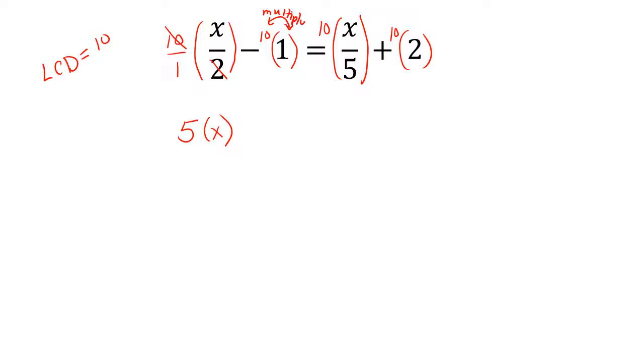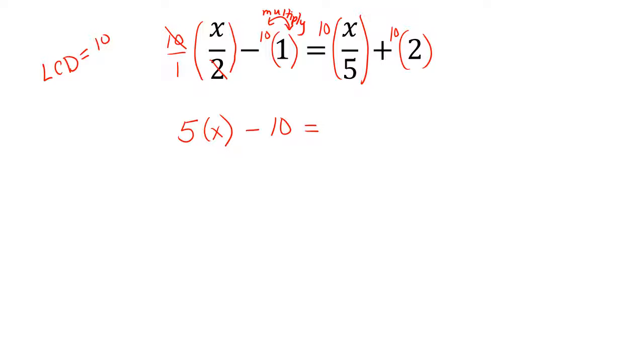10 times 1 is 10. Bring down the minus sign. Or you could think of that as 10 times negative 1 equals negative 10. Bring down the equals, making sure that you are careful to keep the equals in line with itself to separate the two sides of the equation.